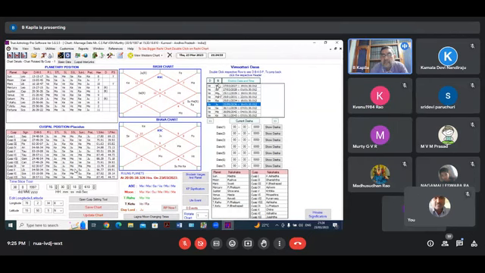Which among these 9 planets can be a suitable bhukti? Can anybody tell which planet you can select as a suitable bhukti? One which connects to 5, 7 and 11. I think Moon also, sir. Which connects to 5, 7 and 11. Okay, anybody else? Sir, Moon, and also the rulers of the 7th bhava. Yes.